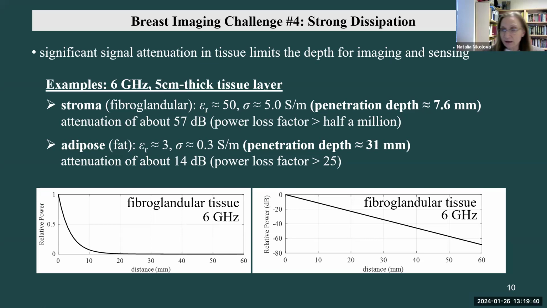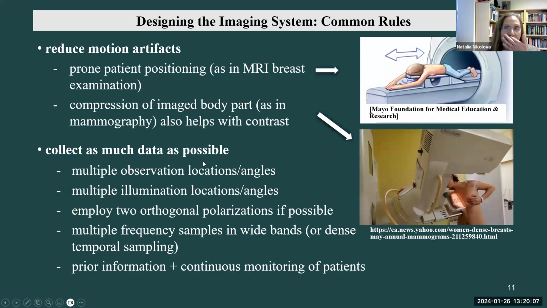And we can see that just within 5 centimeters of tissue thickness, we see an attenuation on the order of minus 60 dB. So that's a lot of attenuation, which is telling us we will be dealing with very weak scattered signals. We need high dynamic range of the measurement system with high quality, low clutter measurements. And so designing the imaging system is really the real challenge in microwave imaging in biomedical applications.